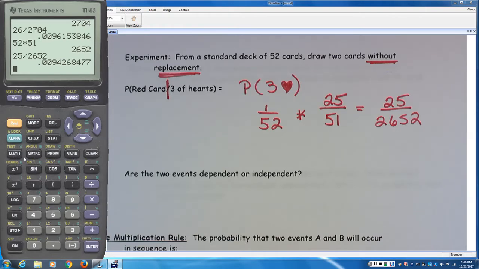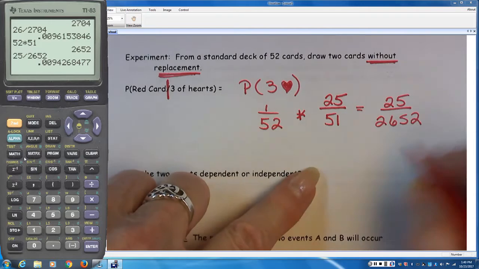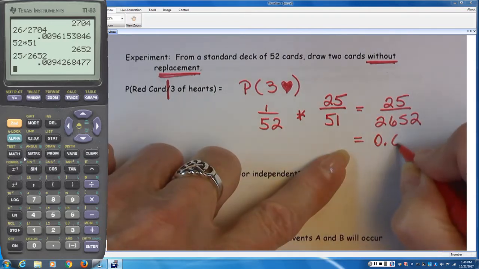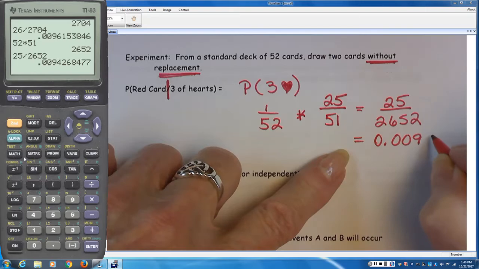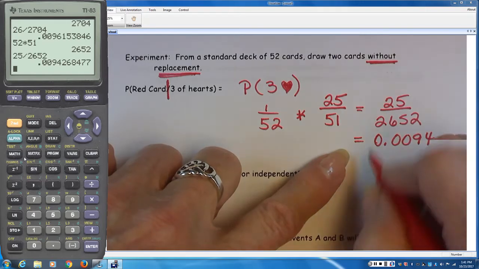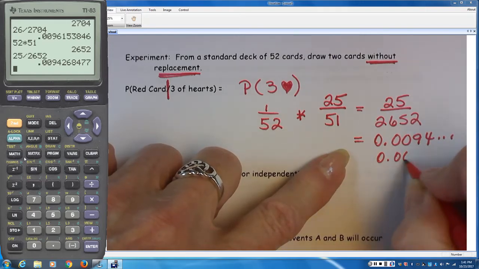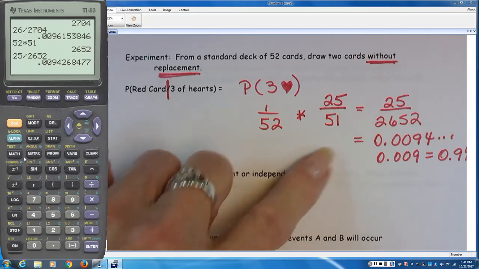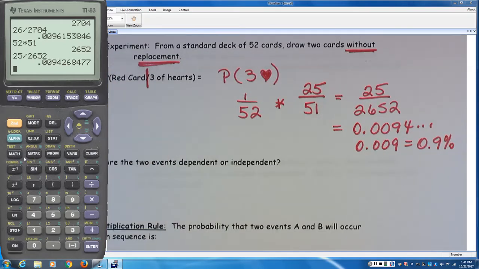So it did change the probability, but not very much. It's a little bit less than the other one, about 1/10 of a percentage point.